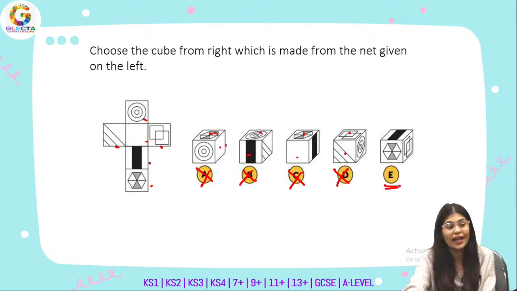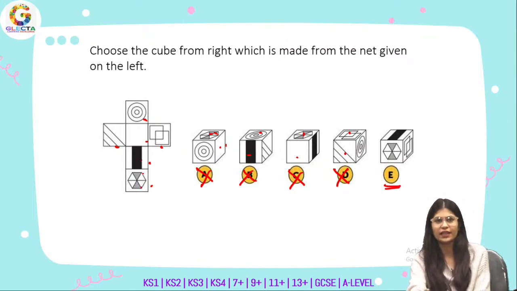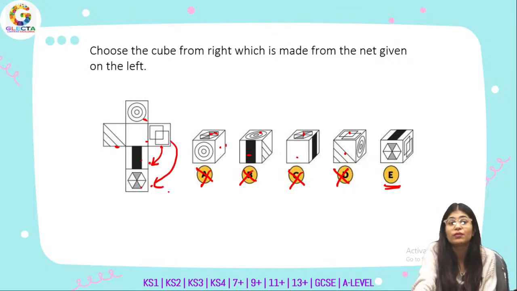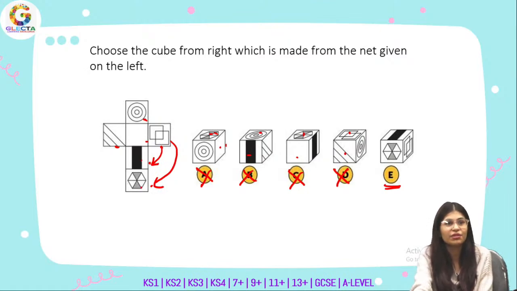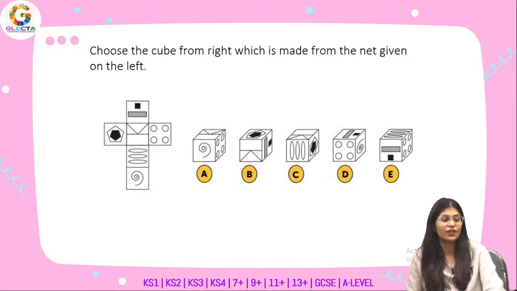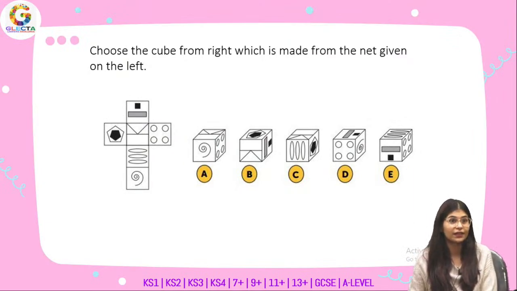So let's look at why it is E. These are perfectly in position. The hexagon and the strip are correctly in position. All you have to do is rotate this one and get it to the side. And you'll get your answer. Make sense, everyone? The better you imagine, the easier the question would be. Okay, there you go. In this one, there's no blank. Elimination method works, so try that.